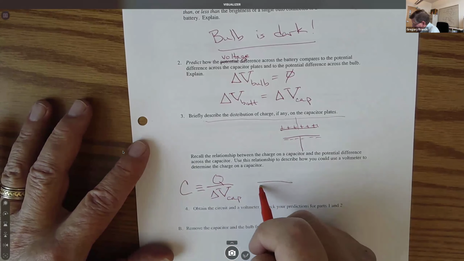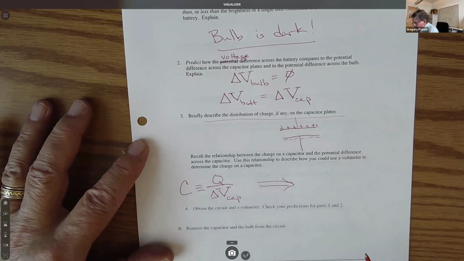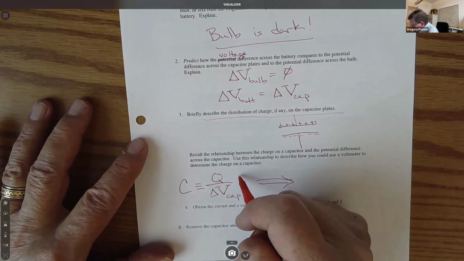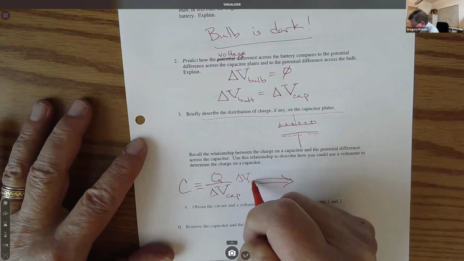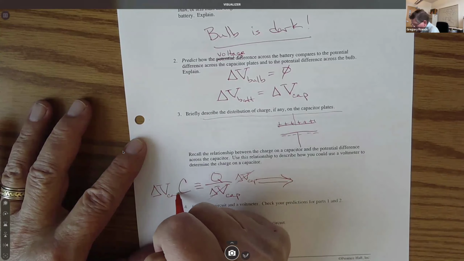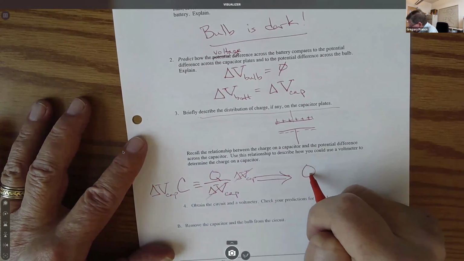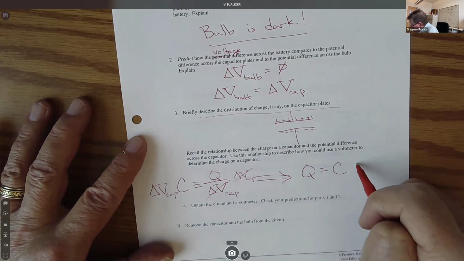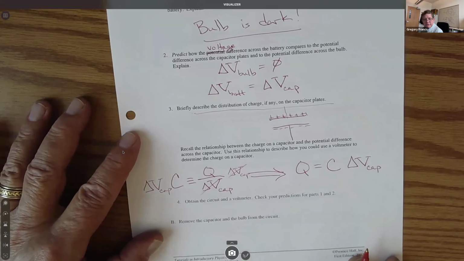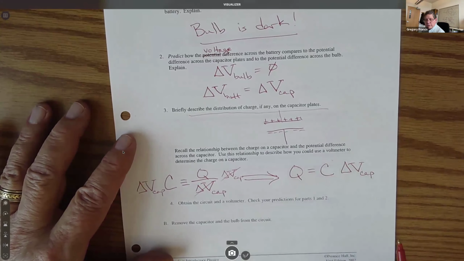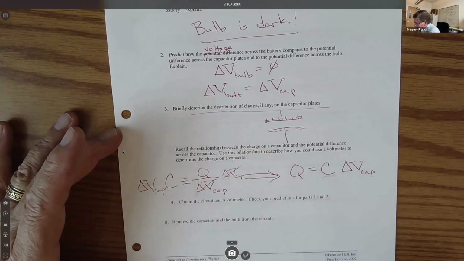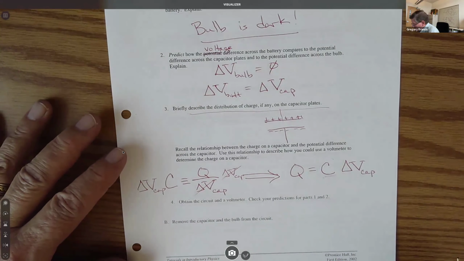I can solve for the charge by multiplying both sides by the voltage across the capacitor. So the charge stored is just the capacitance times the voltage across the terminals. And that makes sense because capacitance is how much charge can be stored for 1 volt. If I've got 12 volts, I just multiply that by 12 and get the total charge.